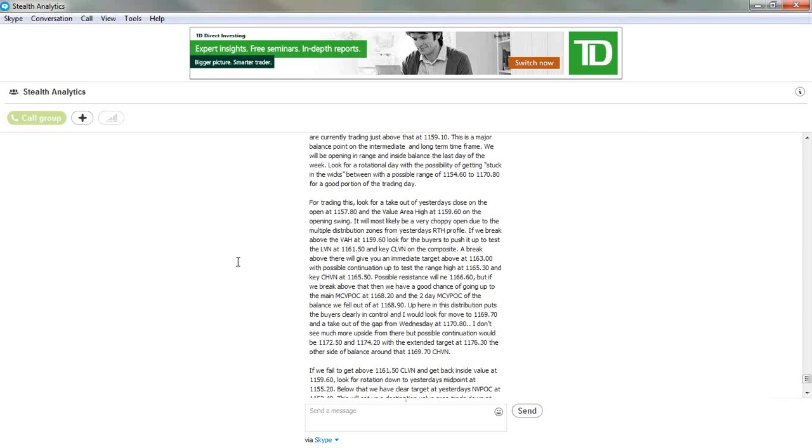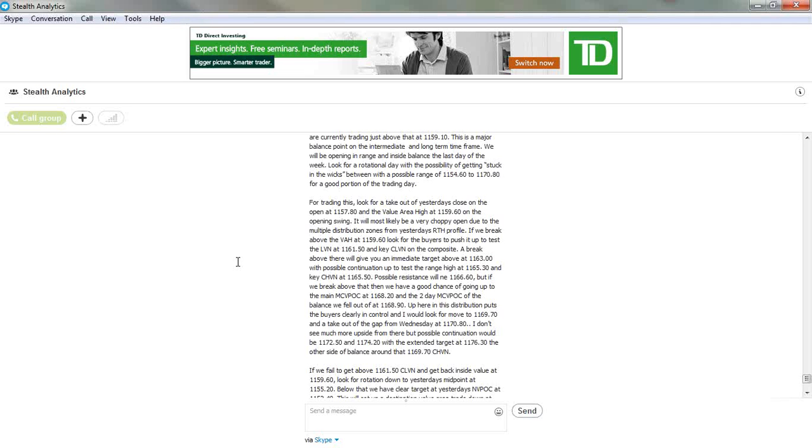It's going to be choppy because we've got multiple distribution zones from yesterday's RTH profile because of the volatility that came in. If we break above the value area high at 1159.60, look for the buyers to push up to test the LVN, which is a very key LVN on the Russell at 1161.50.